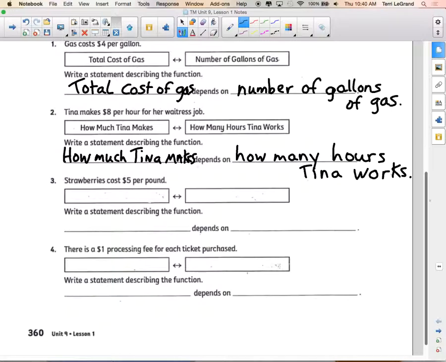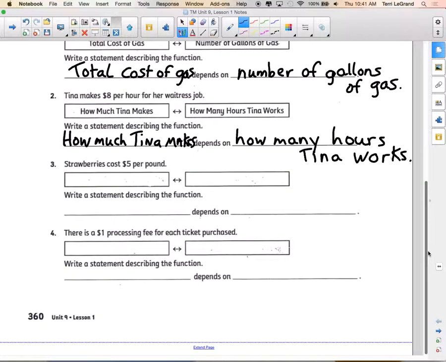If she waitresses for 2 hours, she makes $16. She waitresses for 4 hours, she makes $32. How much she makes altogether is dependent upon how many hours she's actually waitressing. Okay, questions?